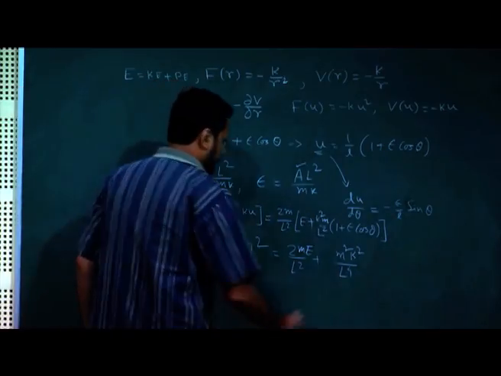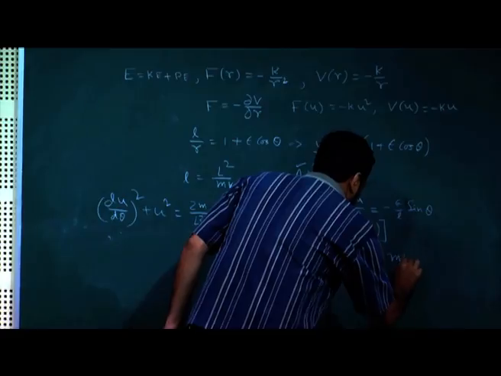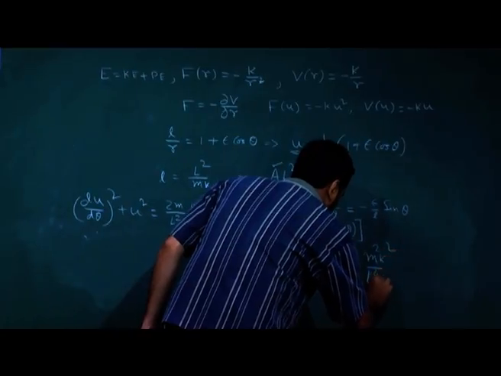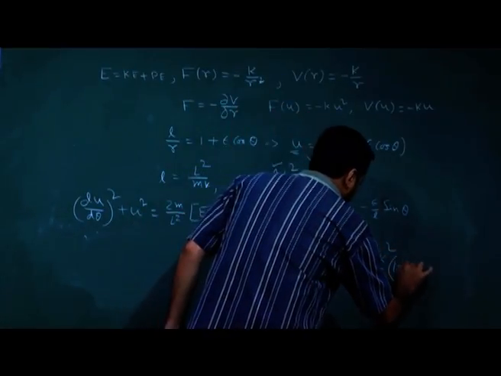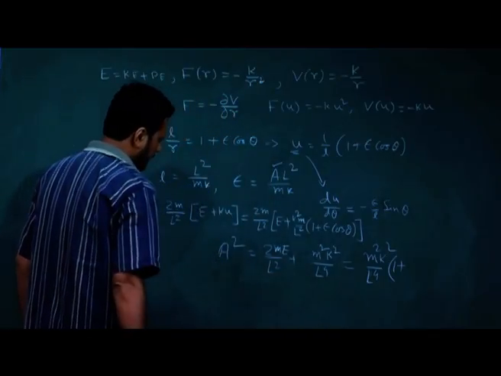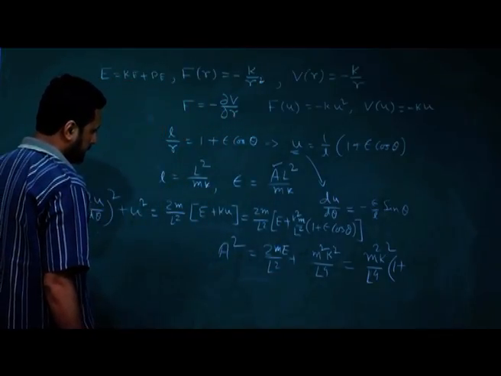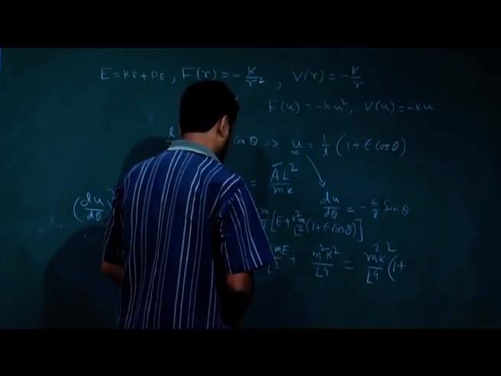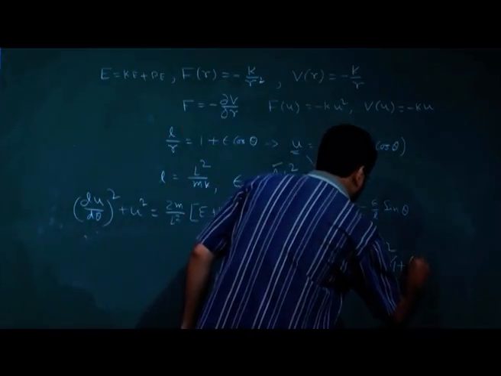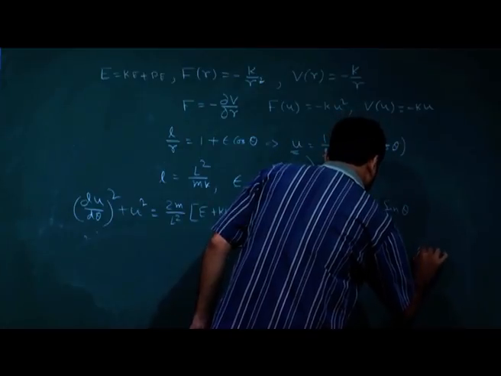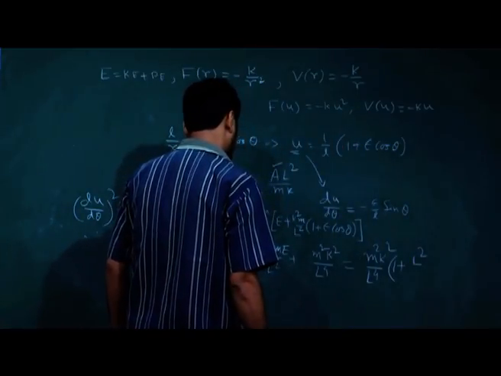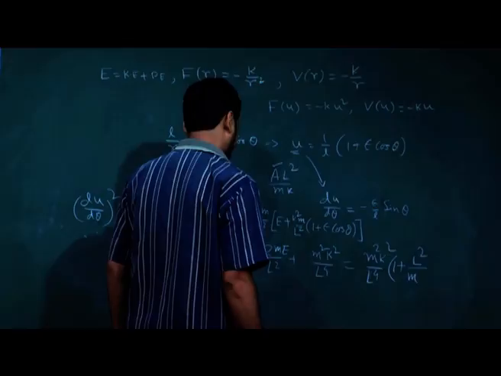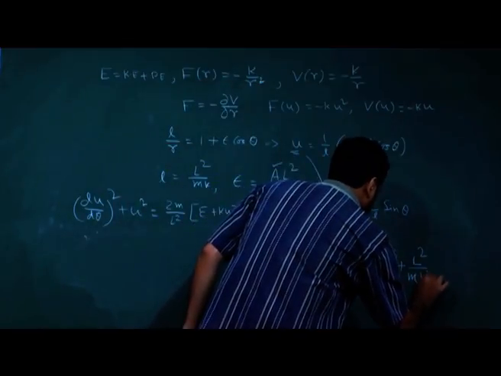Now, we can take m square k square by L to the power 4 common. So, this term will be 1 plus, this will be 1 and this will be 2 L square E by m k square.